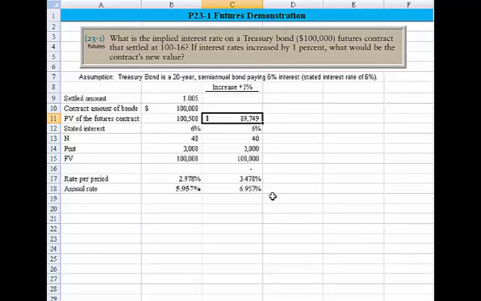And in round dollars, what that tells us is, let me bold that, that if interest rates increase by 1%, the contract's new value would change from a present value of $100,500. It would drop to $89,749. And that's the solution to problem 23-1, dealing with futures.